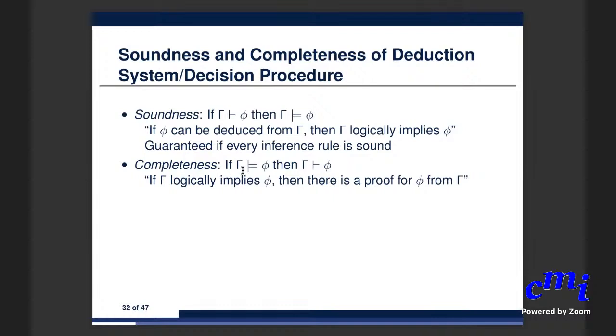In that sense, when a deduction system is complete for a logic, it means that it is powerful. The inference rules are sufficient to derive every possible formula that is logically implied. And this concept can also be applied to decision procedures.